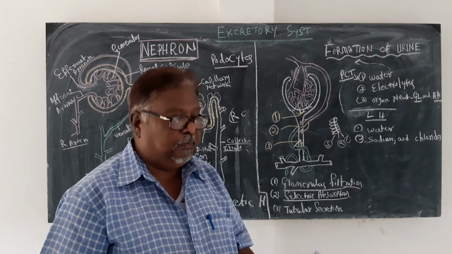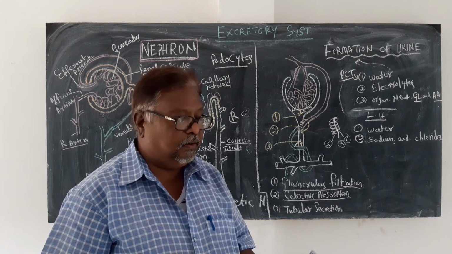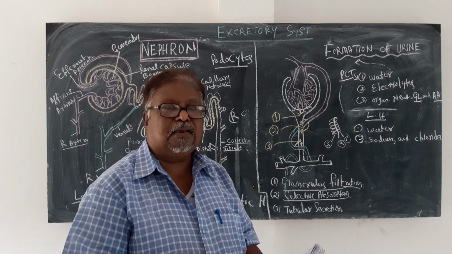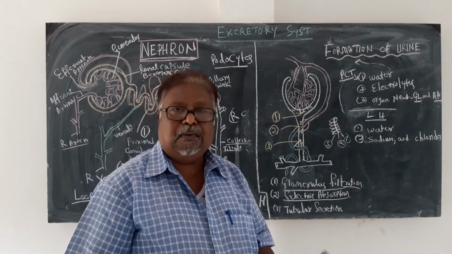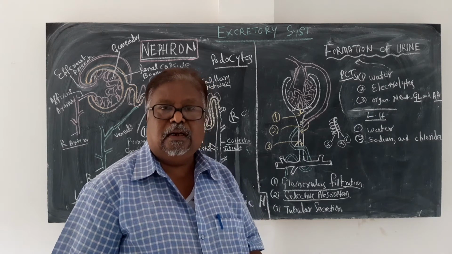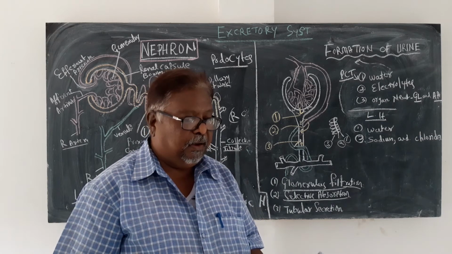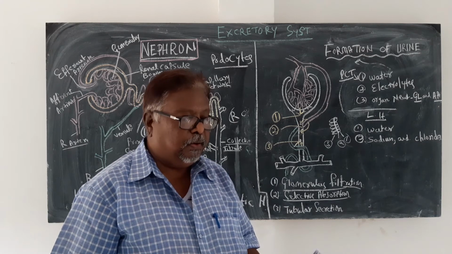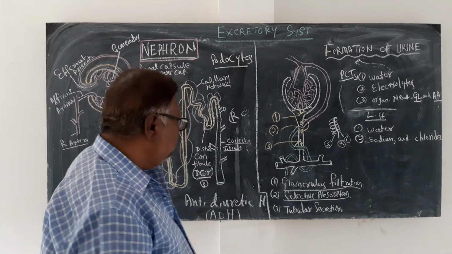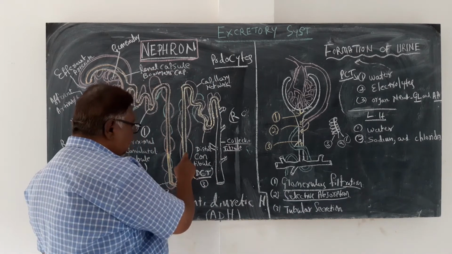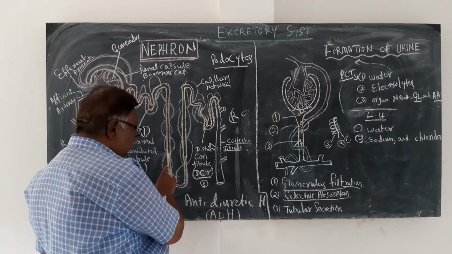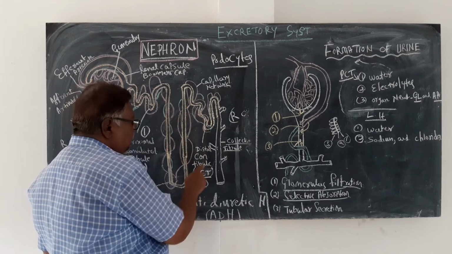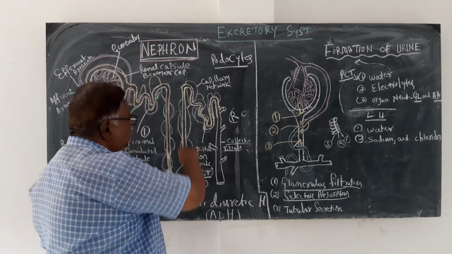Now 15 to 20% of the original filtrate remains and passes to the DCT. Only 15 to 20% of the 180 liters remains in the loop of Henle, and it passes through the ascending limb. This is the descending limb, this is the loop, this is the ascending limb, to the DCT.